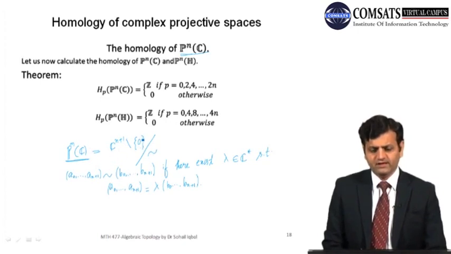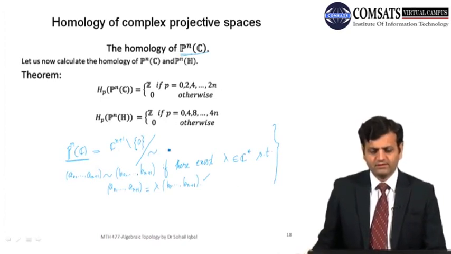Okay, so basically we are taking out this origin because this origin belongs to each and every line, and if we include this origin, then this will collapse this quotient to just one point. So that's why we are taking out this origin. Okay, so this equivalence relation says that two points are equivalent if they are scalar multiples of each other. In other words, we are saying that two points are similar or equivalent if they are on the same line, because points on the same line are scalar multiples of each other. Okay, so that's the definition of n-dimensional complex projective space.